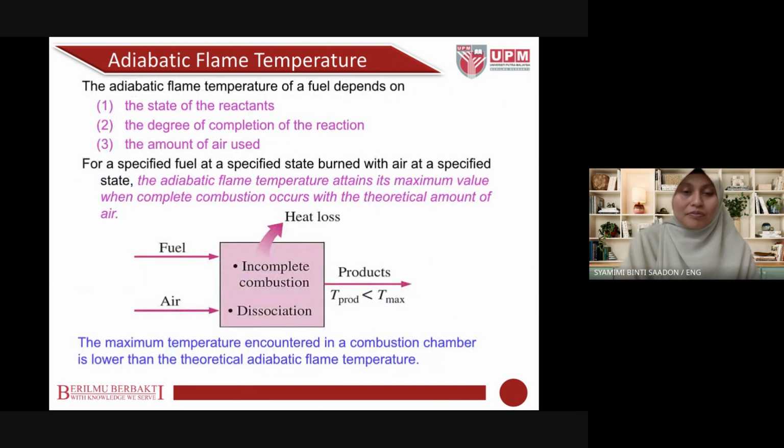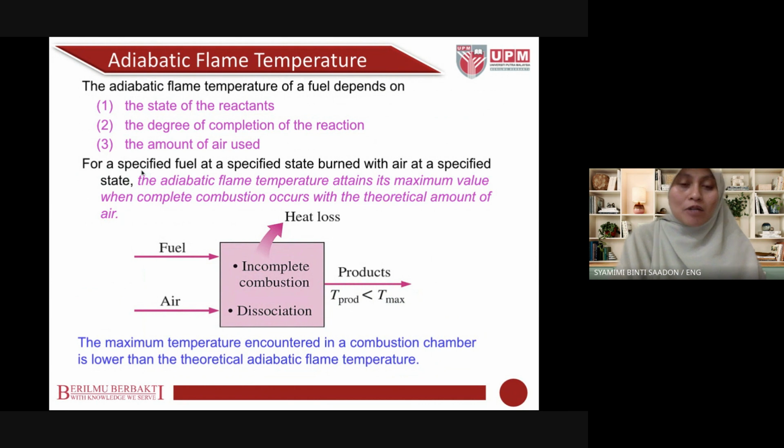So the adiabatic flame temperature of a fuel depends on the state of the reactants, the chemical compound, the fuel, the air, etc. before the combustion process, the degree of completion of the reaction, whether the combustion is complete or incomplete, and if it's incomplete, how much percentage it is nearing completion, and then the amount of air used, the air here being the oxidizer.